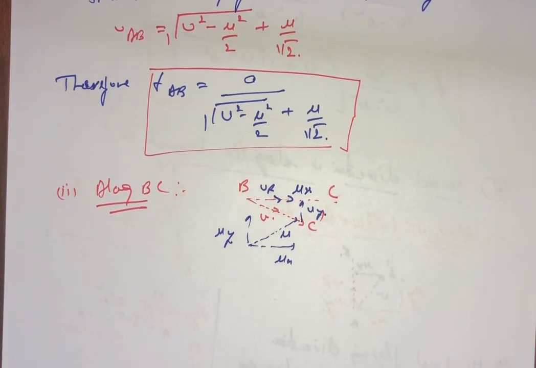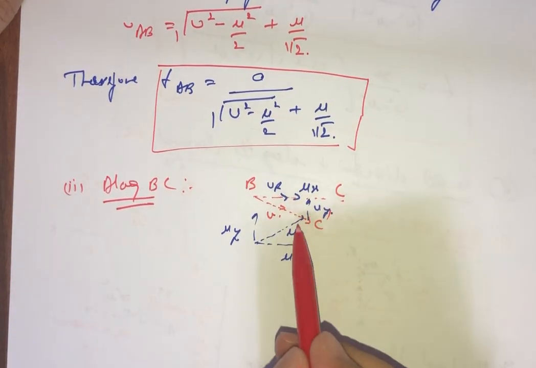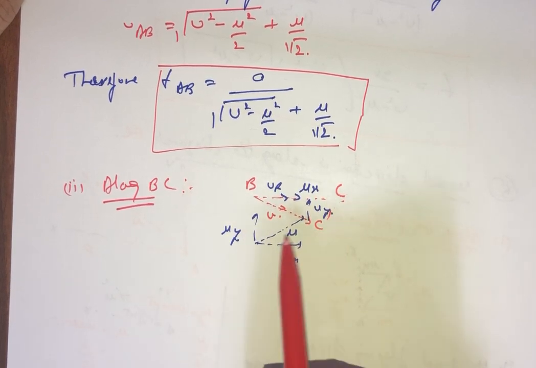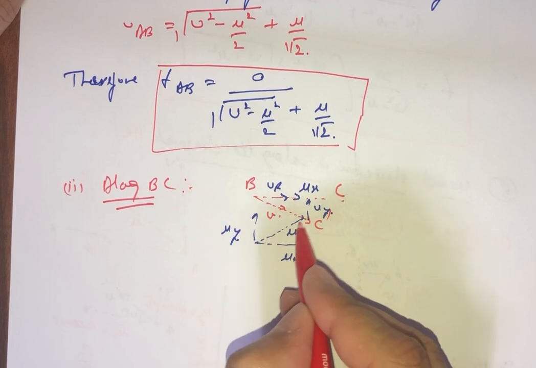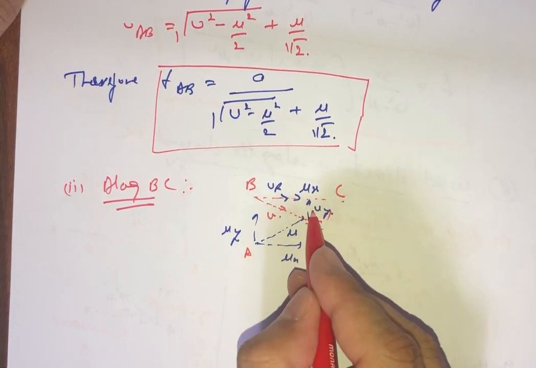So now we can directly write all the things. There is no need to explain the entire theory again. So we understood that we want the plane to be actually flying in the BC direction. The wind direction is starting from point A in this direction.